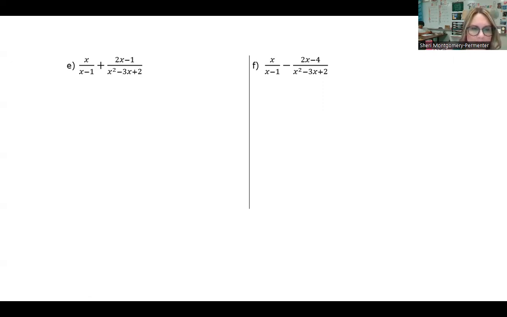As I factor that denominator, I get the same thing as the first one. Two things that multiply to give you two: 1 and 2. The middle term is negative, so the 2 needs to be negative. If I have -2, I would have to subtract 1 to get -3.